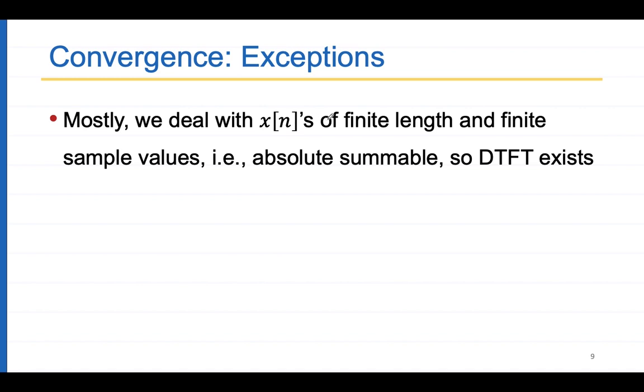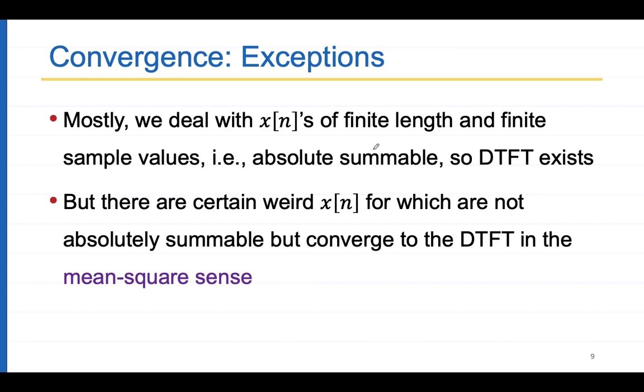Mostly we deal with x[n] of finite length and finite sample values, which is absolutely summable, so the DTFT exists normally. But there are certain weird x[n] which are not absolutely summable but converge to the DTFT in the mean square sense. So this is one kind of exception: they may not be absolutely summable, but the DTFT still exists.